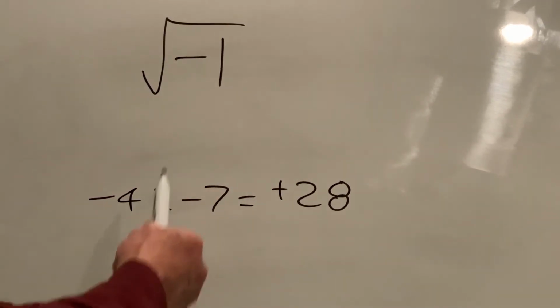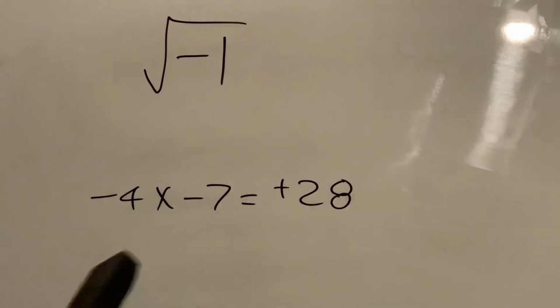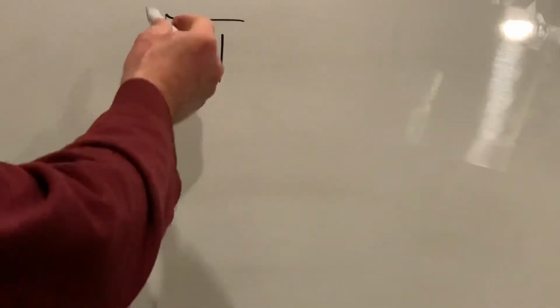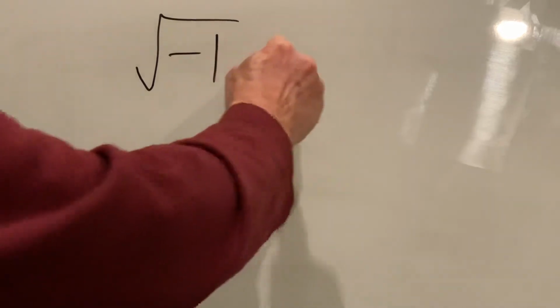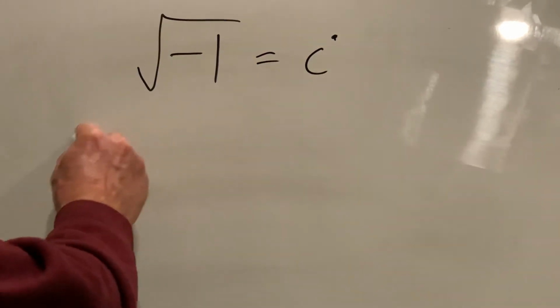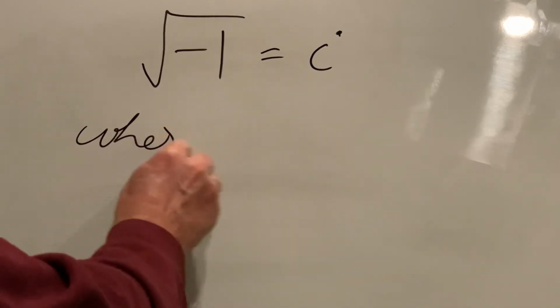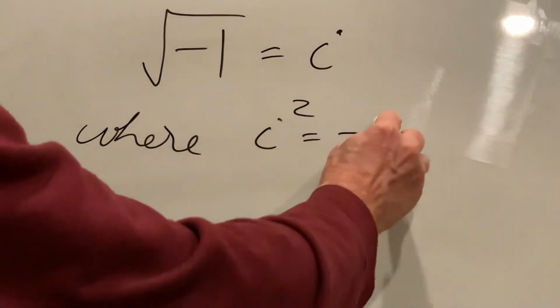So you can't multiply two negative numbers to get a negative number. So in a bizarre branch of mathematics, they say, they being the mathematicians, let the square root of negative 1 equal i, where i squared equals negative 1.